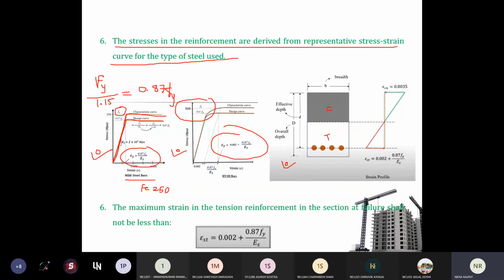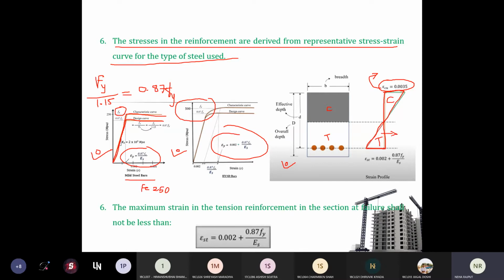The strain diagram looks like this, for concrete and steel of the section. So the maximum strain in concrete is this, as I explained earlier in the assumption part. As this is the compression zone, here you write the compression strain. This one is the tension zone, so this is the strain value for the steel.